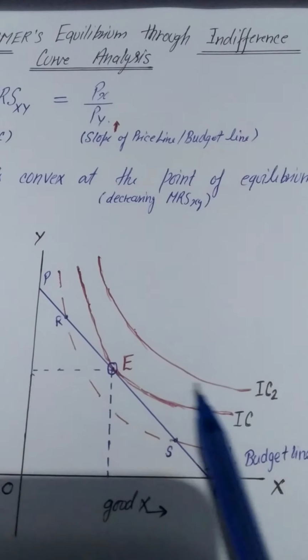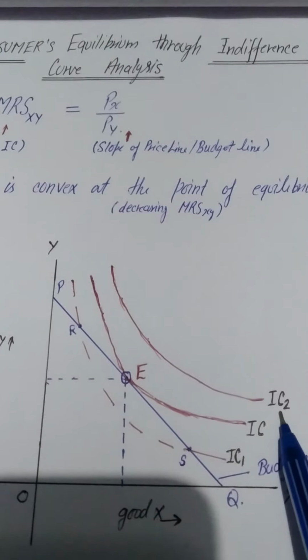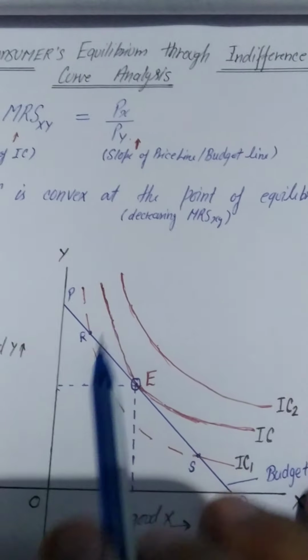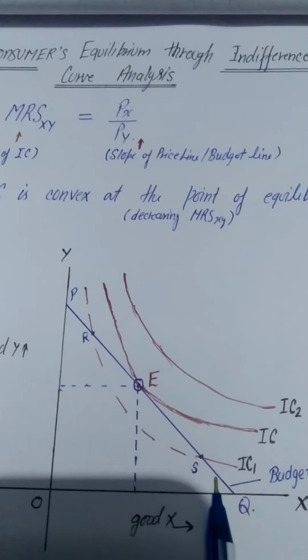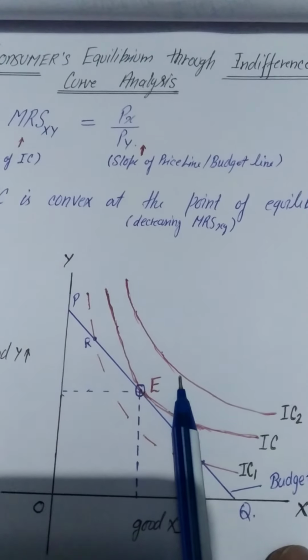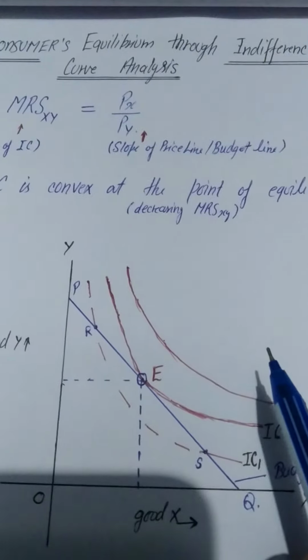In the same way, IC2 shows all those possible combinations of two goods which a consumer cannot purchase due to his budget line, because all these combinations are beyond the budget constraint.